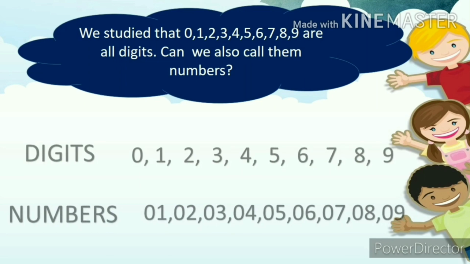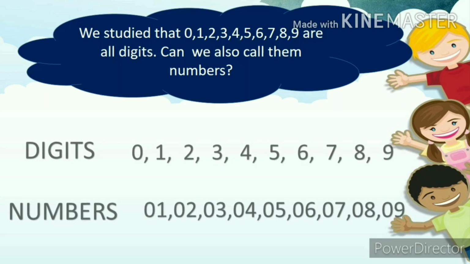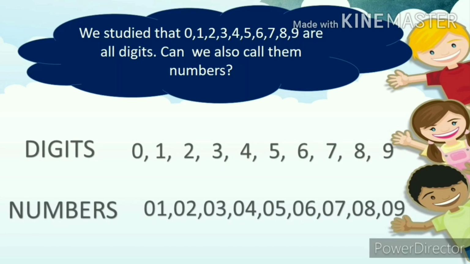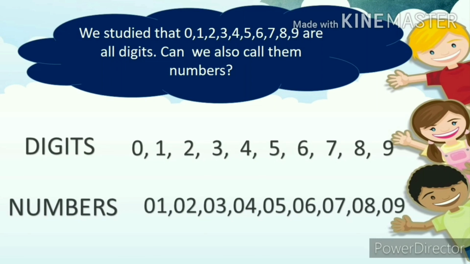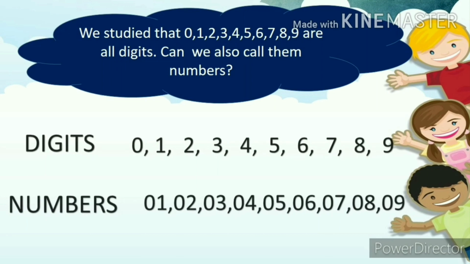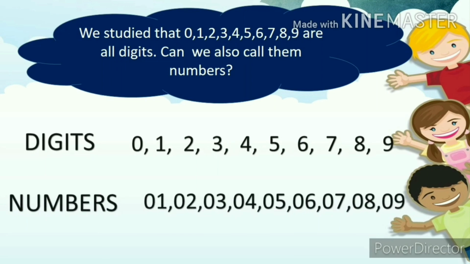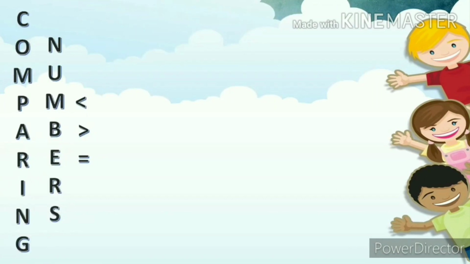But making it 02, 03, 04 and so on makes them a number because in this case we combine two of the digits together, that is 0 and 1, 0 and 2 and so on, and that creates a number. So further in this chapter we learn about comparing numbers.